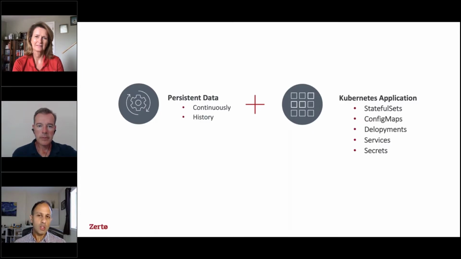With Zerto's journaling technology that we've built into Zerto for Kubernetes, you have that flexibility, and we're hitting RPOs of under 15 seconds. If you've done your container deployment properly, you're making dozens of changes in production on a daily basis. That's the promise of DevOps.